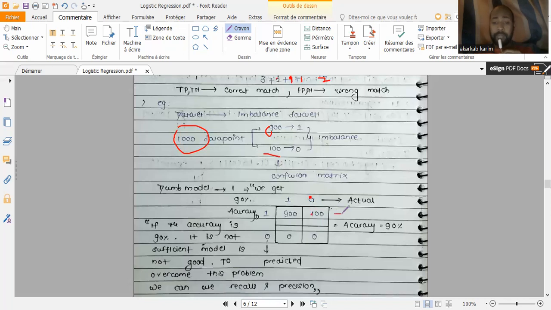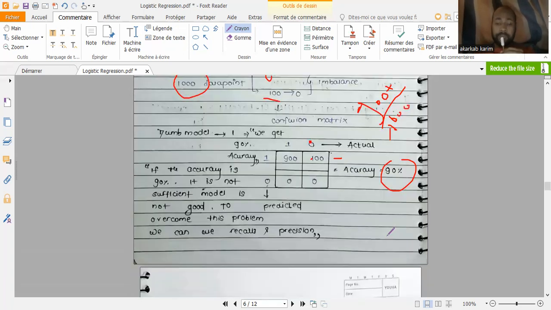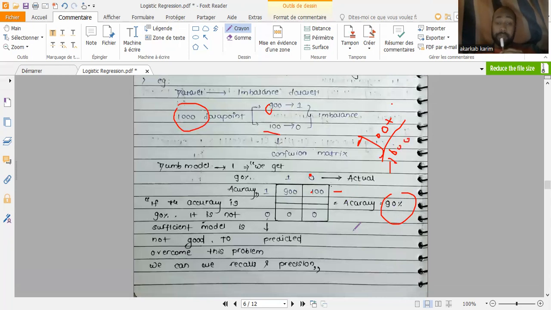The accuracy of this model is 900 plus 100 divided by 1000. So when we collect the data, we have the probability of facing this problem of imbalanced data.